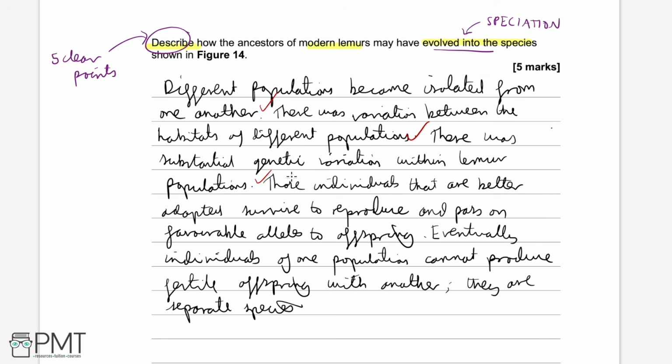The 4th mark comes from essentially a very brief description of natural selection. That is that some individuals are better adapted, and hence their alleles will be passed on to the offspring. And the final mark is for stating that over time, speciation does occur. That is, separate species form, since individuals from one cannot produce fertile offspring with individuals from another. There are the full 5 marks.